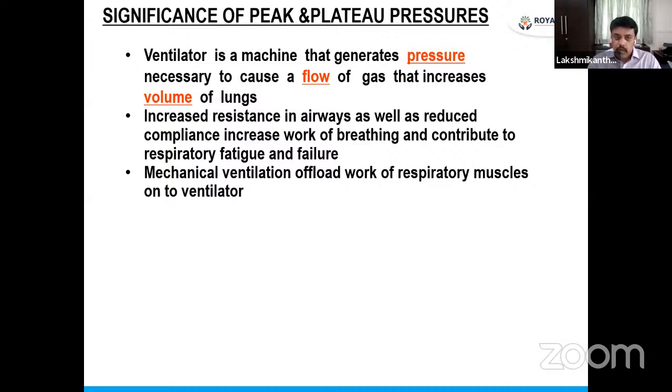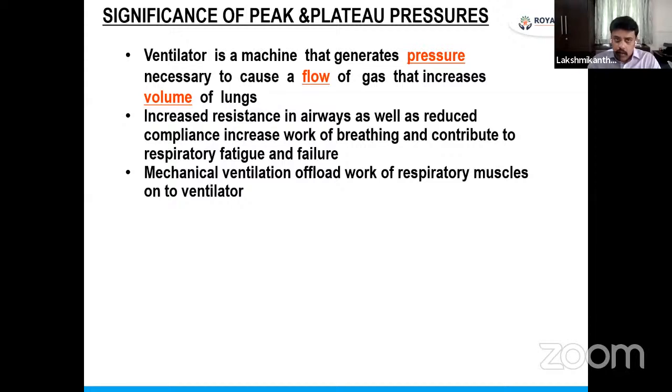And that is the main reason why most of these patients get onto the ventilator. We need to reduce the respiratory fatigue, and when they get into respiratory failure, we intubate the patient and ventilate the patient to take over that work of breathing.